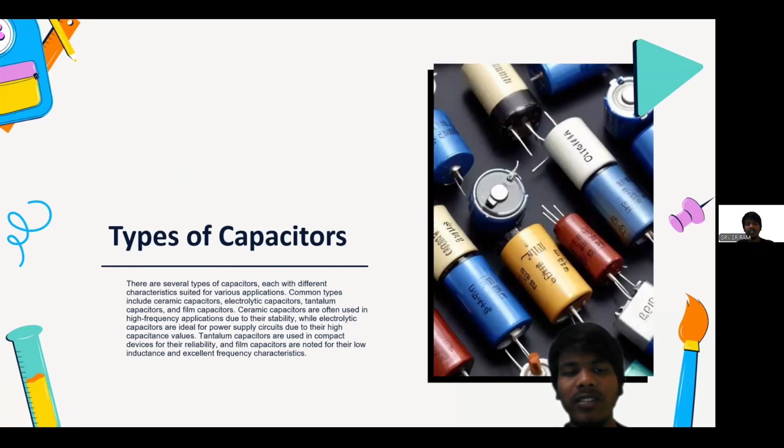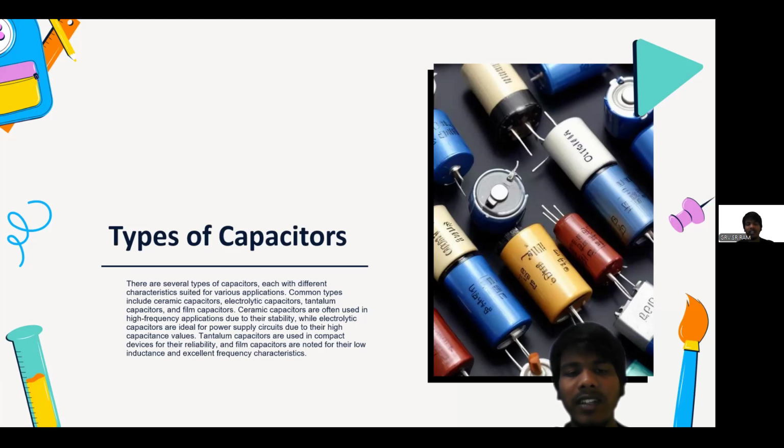Types of capacitors. There are several types of capacitors, each with different characteristics suited for various applications. Common types include ceramic capacitors, electrolytic capacitors, tantalum capacitors, and film capacitors.